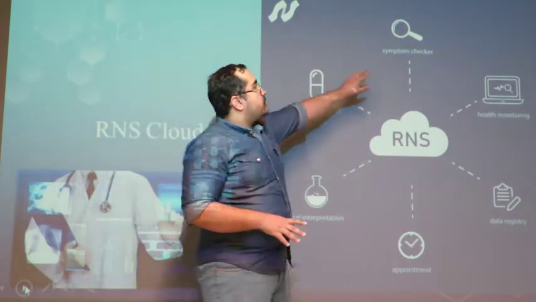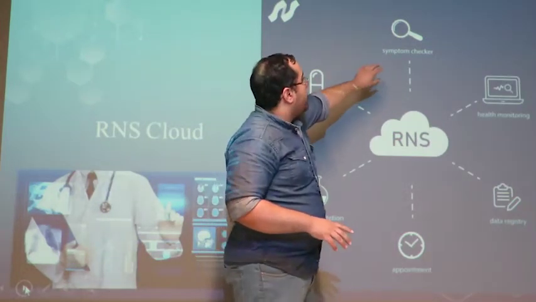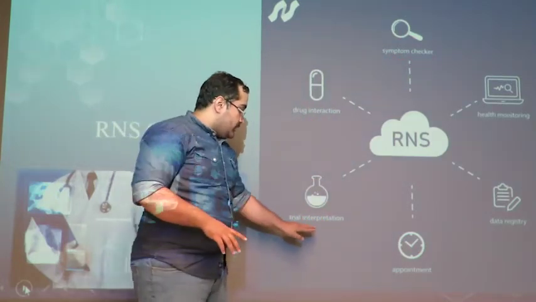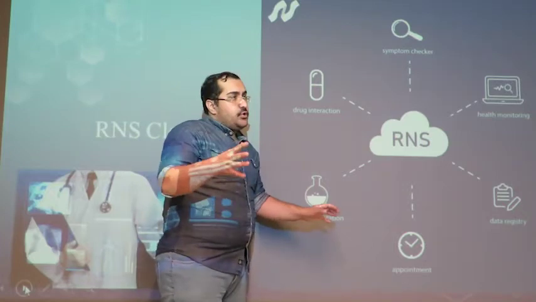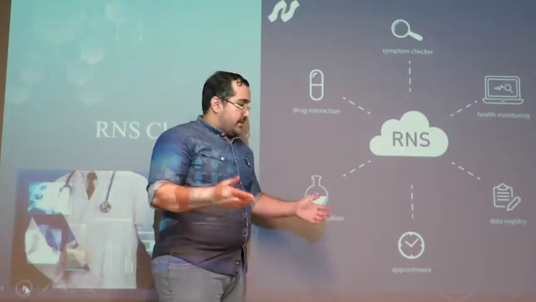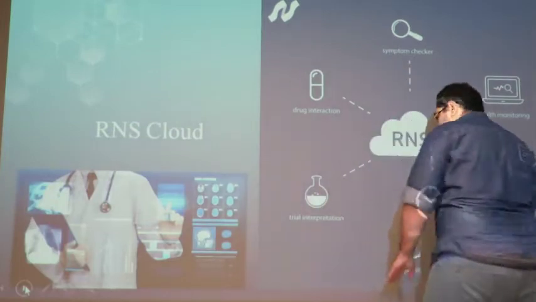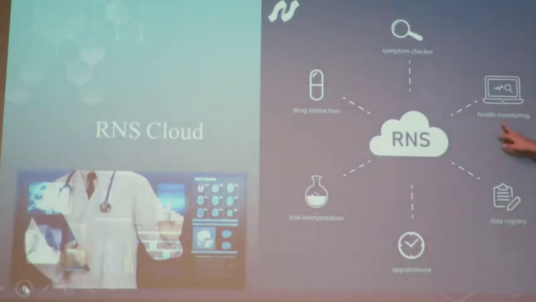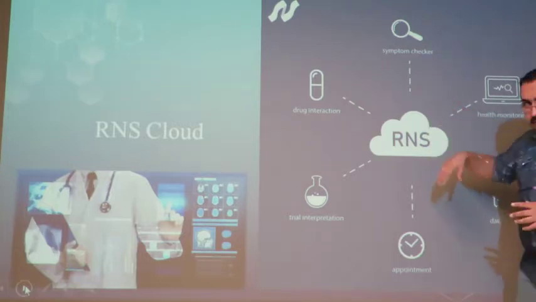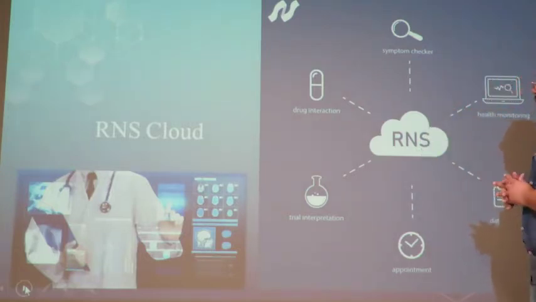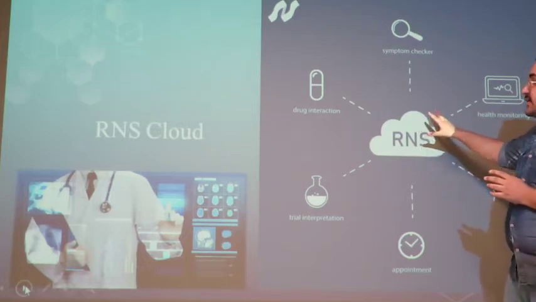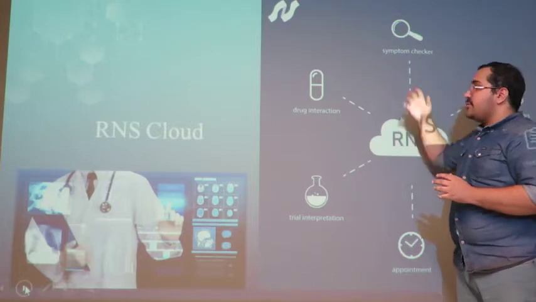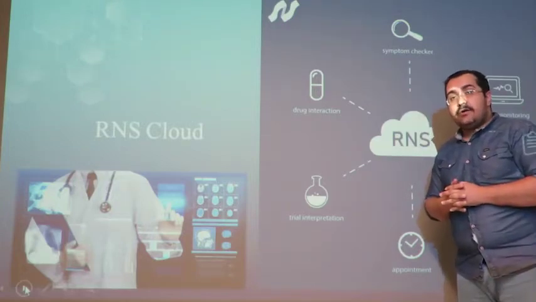For example, at the top of this schema, you can see our symptom checking system, drug interaction, trial interpretation to help people who don't know anything about disease, appointment booking for patients to visit the doctor, data registry, health monitoring, and in the center of this schema, you can see our RMS main system that can diagnose neurological disease. Okay, in this video, I want to talk about our symptom checking system and its abilities.